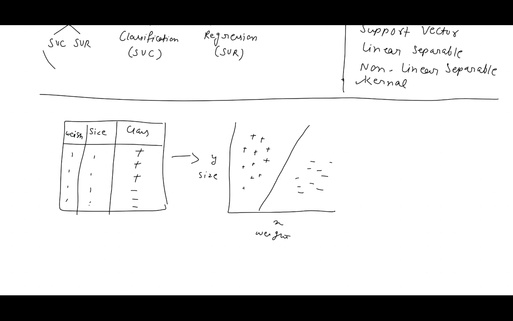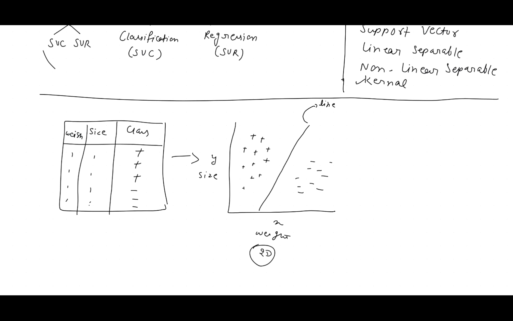Now, how is SVM different from it? Logistic regression is also separating, right? But what is the major difference between SVM and logistic regression? This is 2D data, and we call it a simple line. But in SVM we call it a plane too.